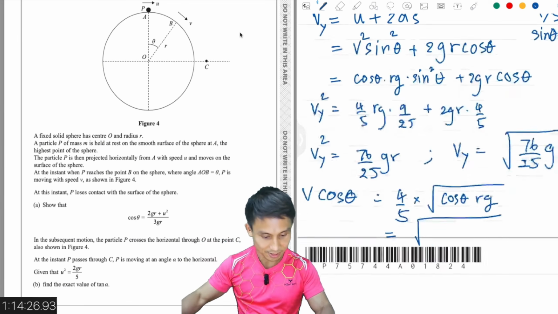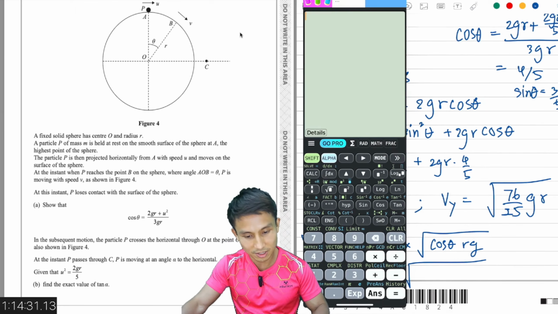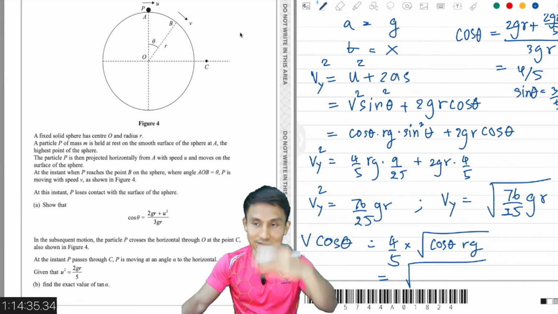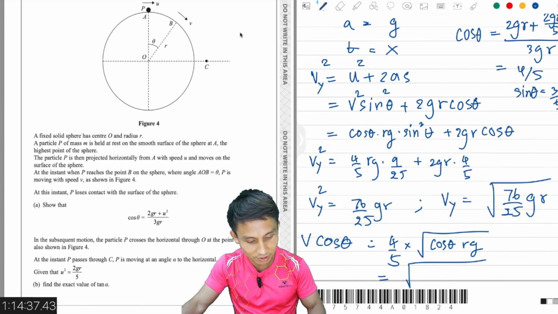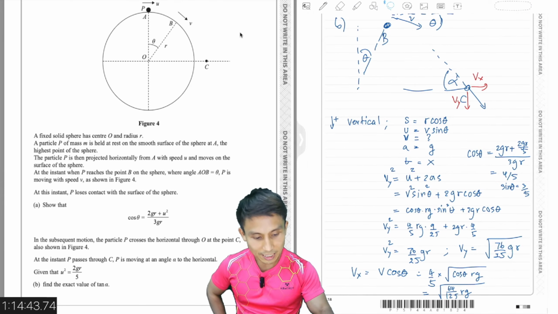If we put 4 over 5 inside and times the 4 over 5 for the cos there, we get 64 over 125 rg. Just going to tidy everything here.